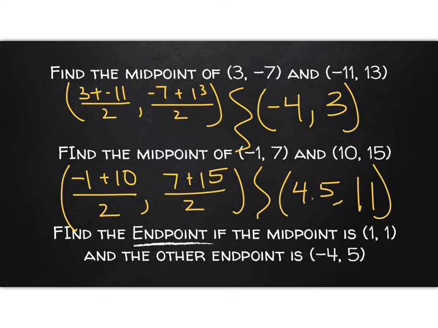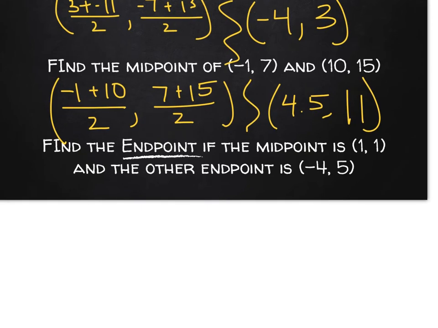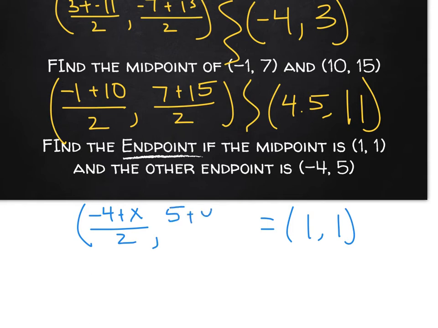This last one gets a little bit crazy, but I think you can handle it. It says, find the endpoint if the midpoint is at (1, 1) and the other endpoint is (-4, 5). So I'm going to write out a crazy looking formula, but we're going to break it down. I know that (1, 1) had to equal (-4 plus some x value) over 2 and (5 plus some y value) over 2.